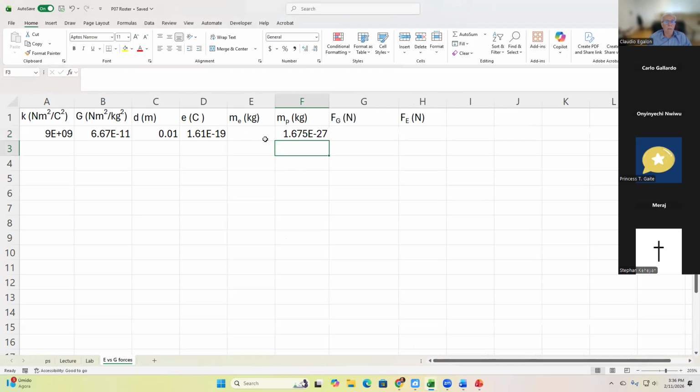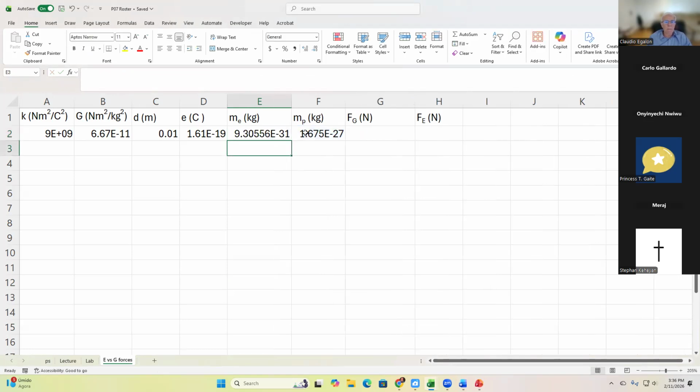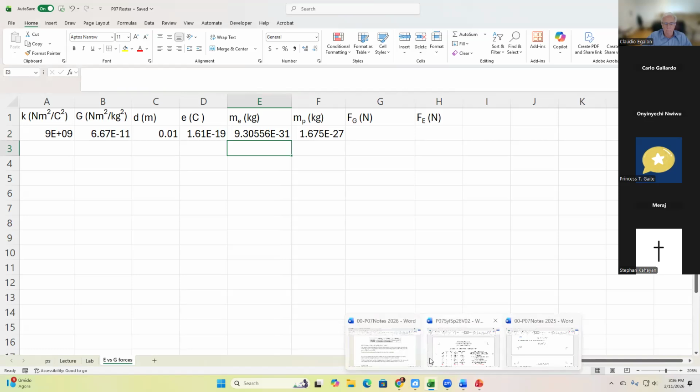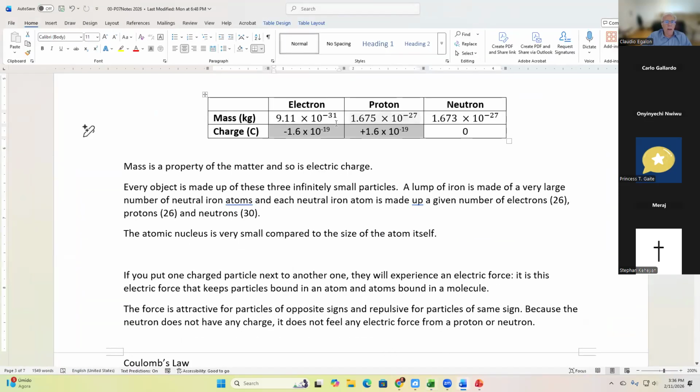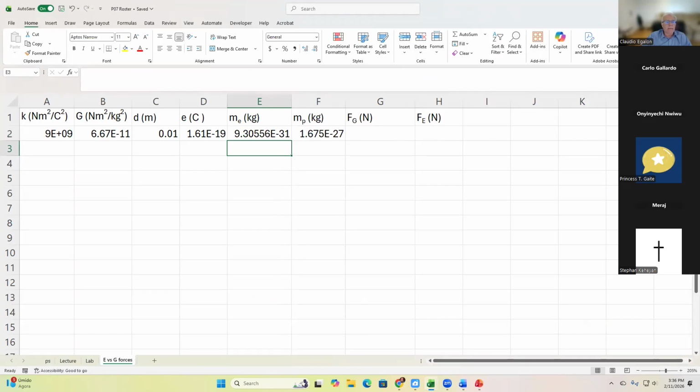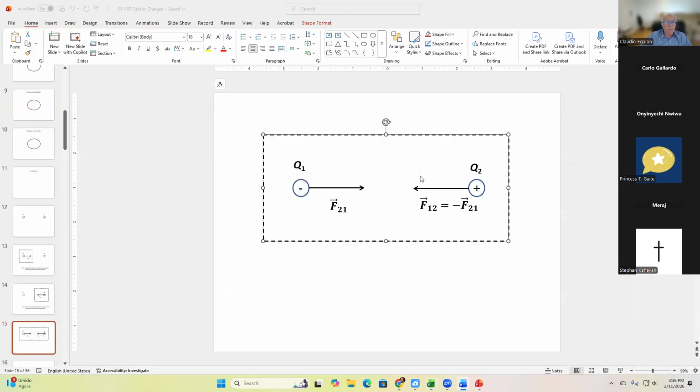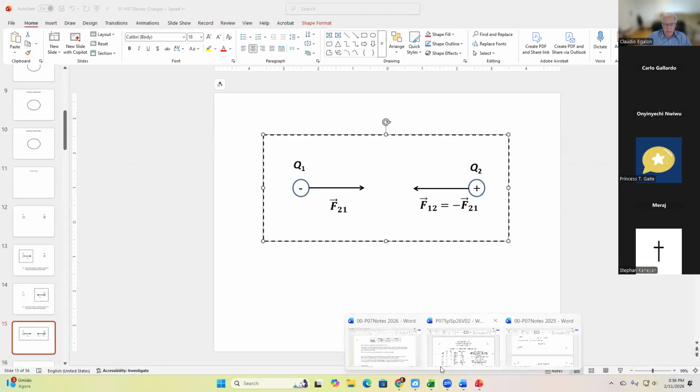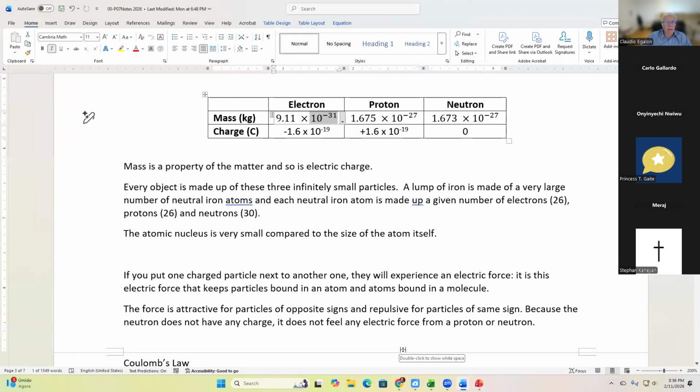I remember I told you that the mass of the electron is 1800 times less than the mass of the proton, about 9.3 times 10 to minus 31. I didn't get exactly the same number, just slightly higher, when the true value is 9.11.